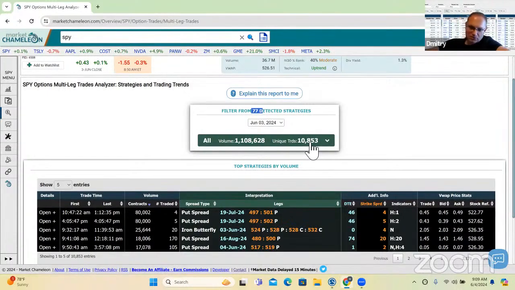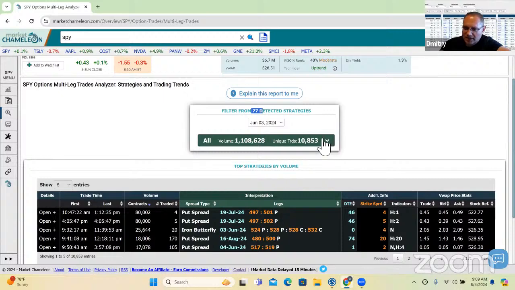Even a call spread is a strategy, but you could have different call spreads because we have different expirations, different strikes. So over 10,800 unique combinations.